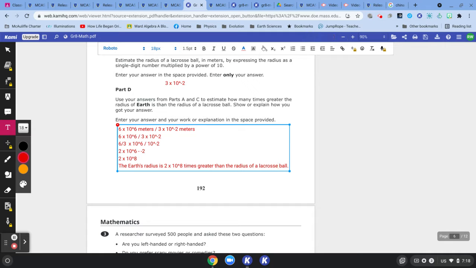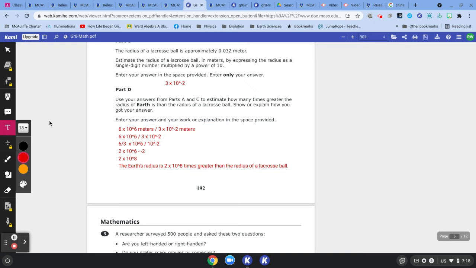You want to explain things as if you are explaining how this works to someone who really doesn't understand, which would kind of capture what's going on here. So I'm hoping that helps you. So explain your answers as if you were explaining to someone who does not know math. And that will help you get more points.